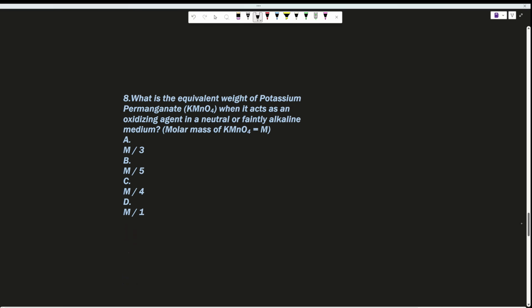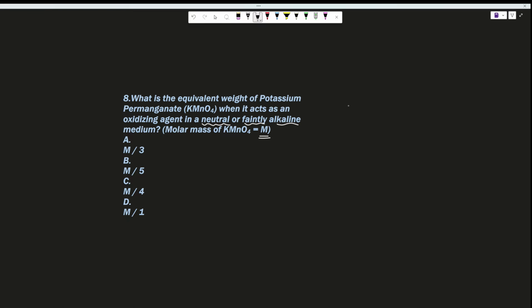What is the equivalent weight of potassium permanganate when it acts as an oxidizing agent in neutral or faintly alkaline medium? So molar mass is taken as M. Okay. So you know that to find out the equivalent weight of any species undergoing a redox change, we take molar mass divided by change in oxidation number, right?